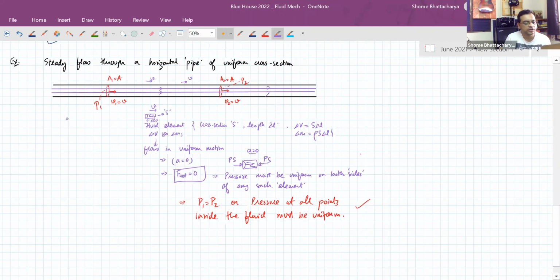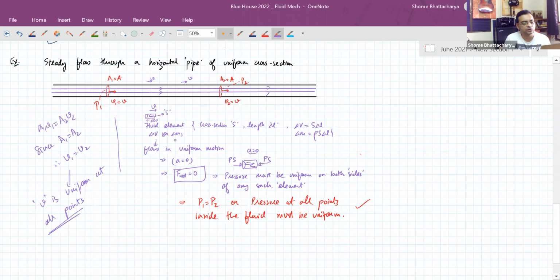So firstly, we have A1 V1 is equal to A2 V2. Since A1 is equal to A2, therefore V1 must be equal to V2. So this is the first thing that we are seeing, that the velocity of flow V is uniform at all points.